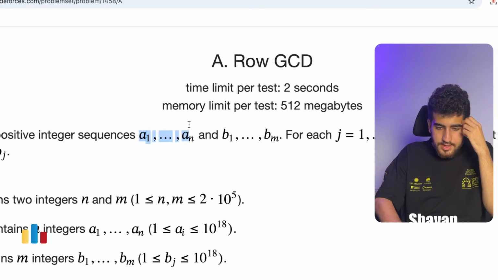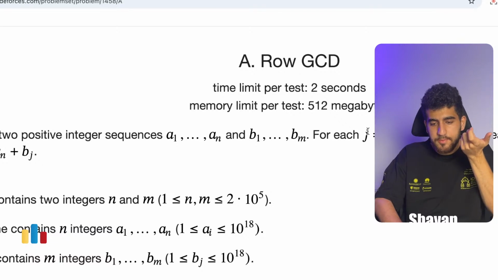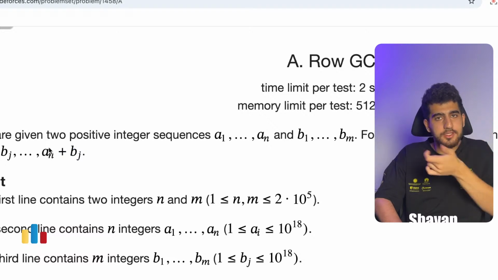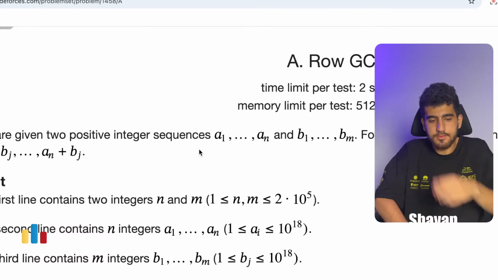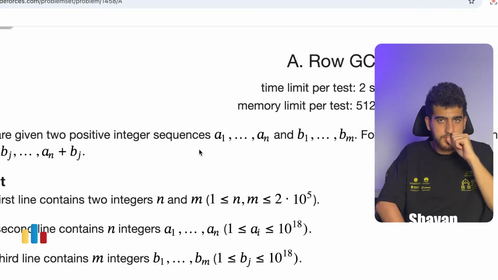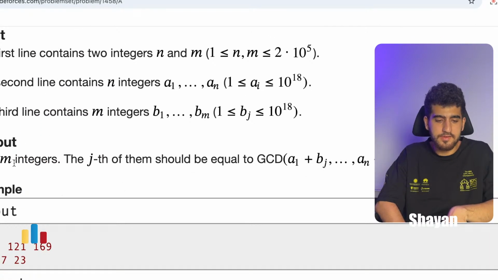For each j from 1 to m, each time you take one of these b's, for example bj, and add bj to every one of these elements, a1, a2 to an. Add bj to each one of these ai's. And we want to say what is going to be the GCD of these numbers. For each j you have to say this, so your output should have m integers.